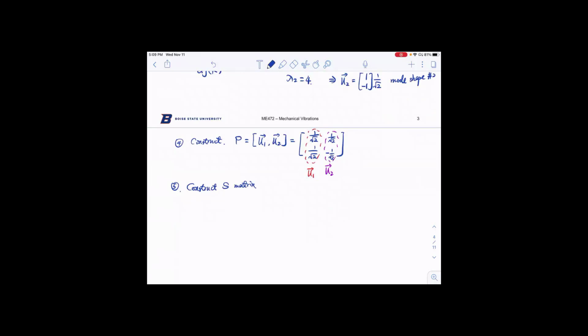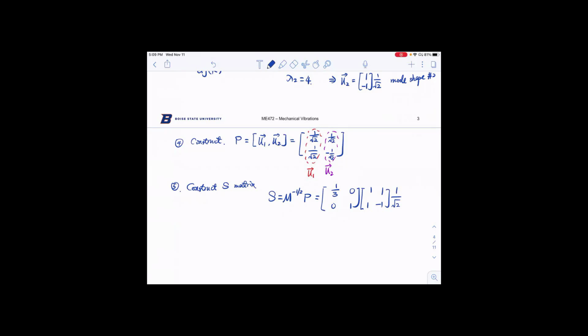And then the fifth step is you need to construct an S matrix. Your S matrix will be M to the minus half times P. And then let's copy and paste. It's 1/3, 0, 1, 0. And then your P matrix is [1, 1; 1, -1] times 1 over square root of 2.